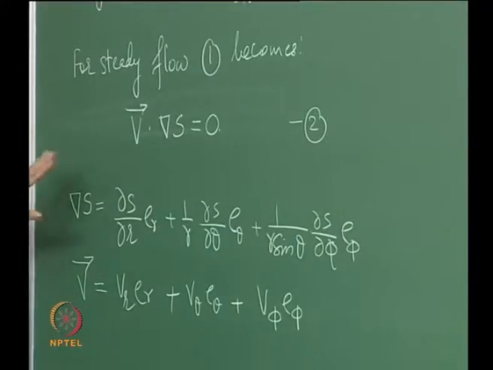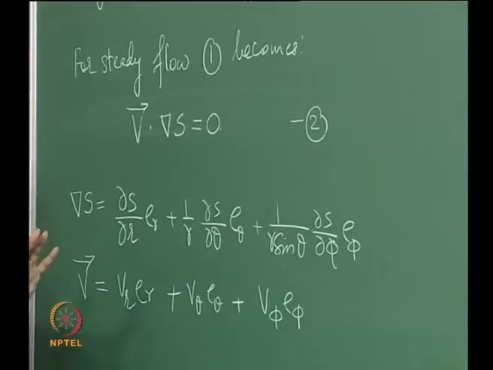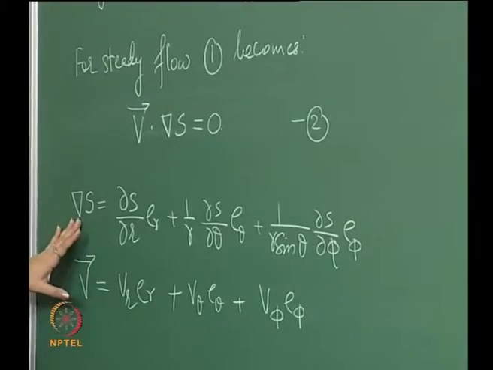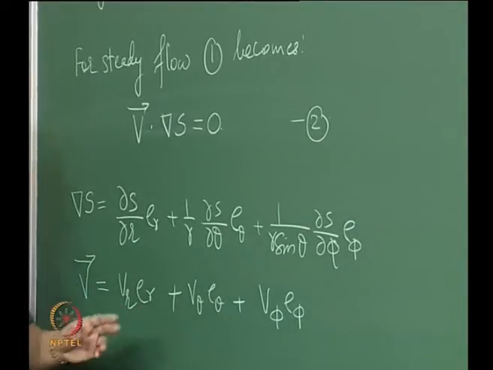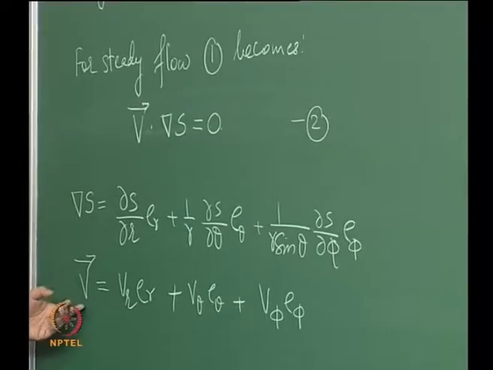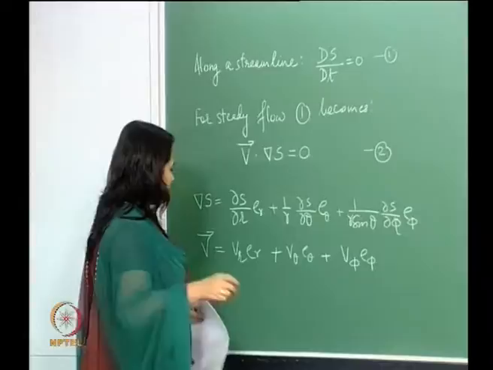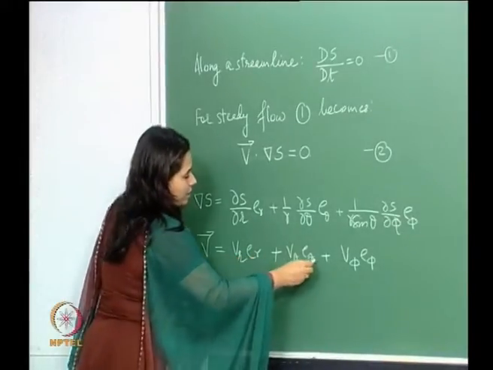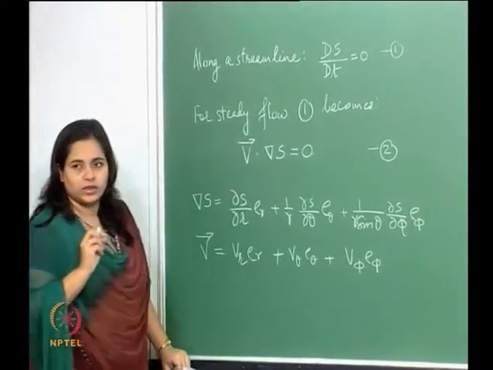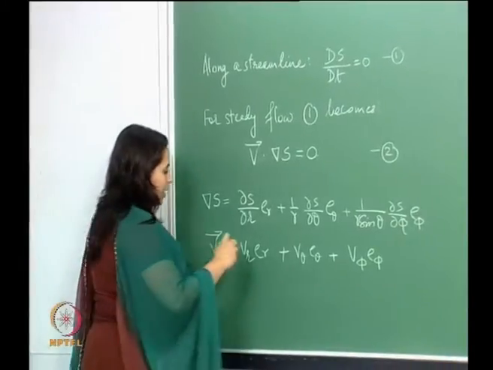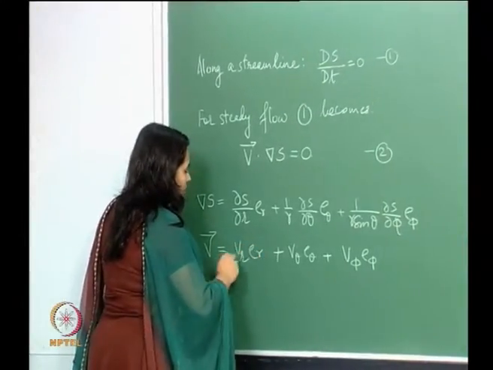So, if I write 2 in terms of spherical coordinates, gradient S becomes this and V becomes this. Let us make sure we understand what this means. V here has these 3 components. Hopefully you are aware that E r, E theta and E phi are unit vectors.